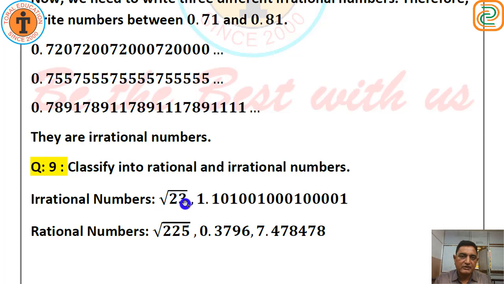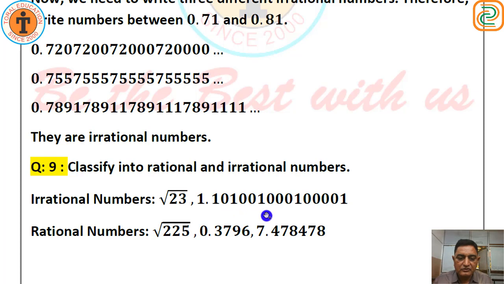Now friends, remember, if the numbers are prime and they have square root or cube root or fourth root, whatever, then they are irrational numbers. 23 is a prime number and it has a square root, so it is an irrational number.